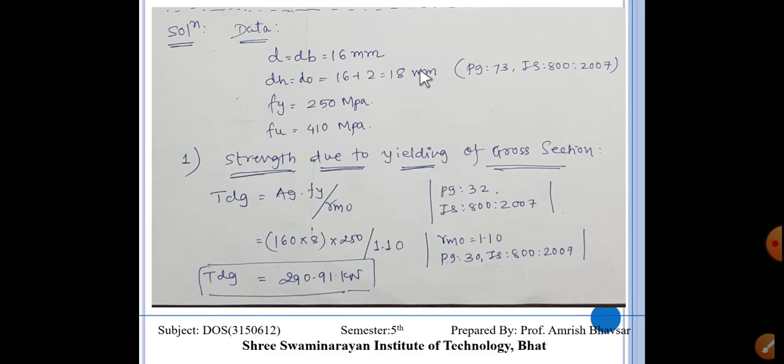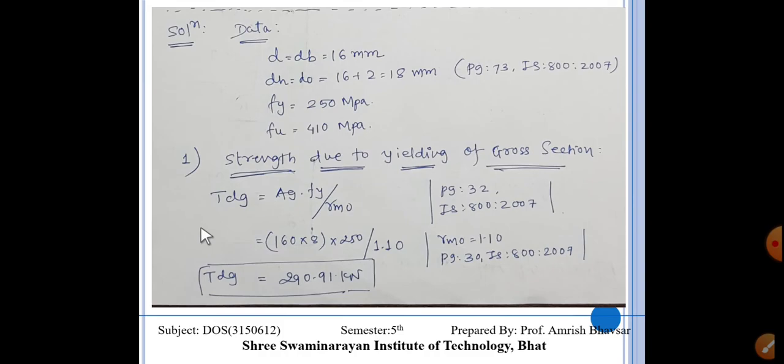So it is given in IS 800. Now Fy and Fu, they have given 250 megapascal and 410 megapascal respectively. Now the first thing is Tdg, the strength due to yielding of gross section. So Tdg is equal to Ag into Fy upon gamma m0.